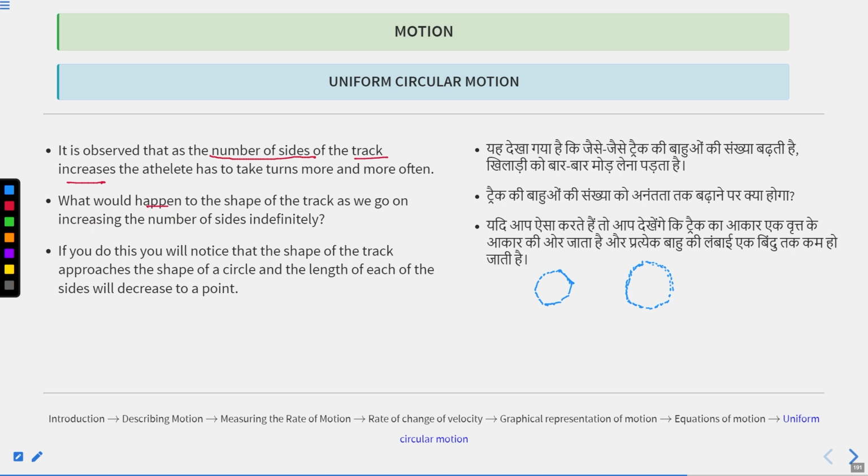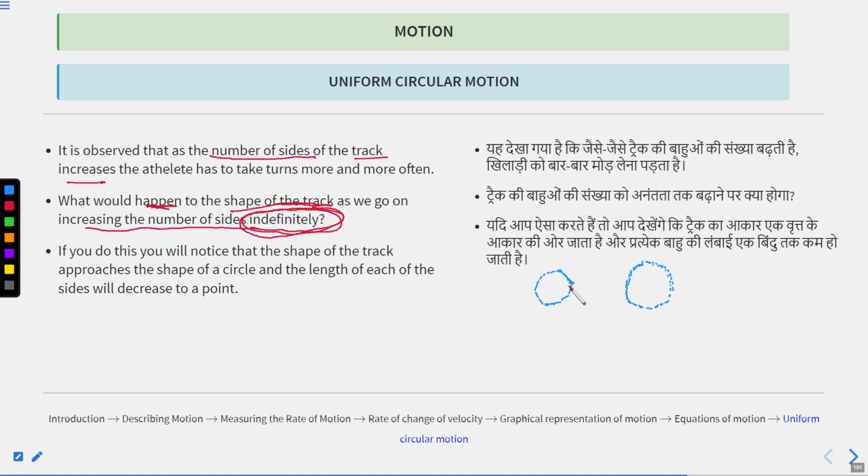What will happen to the shape of the track as we go on increasing the number of sides indefinitely?